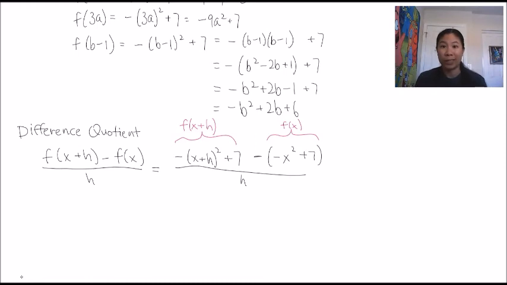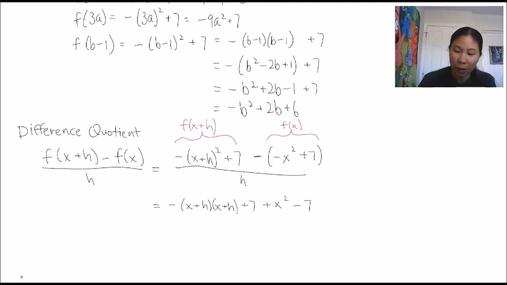At this point we really just need to simplify everything. I'm going to FOIL out the x plus h, and then from there stuff should cancel out on top, which is kind of nice. Because I'm squaring it, I have to FOIL that out. Then minus a negative x squared will give us a plus x squared, and then distribute that negative to the 7 to give us a minus 7, all over h.